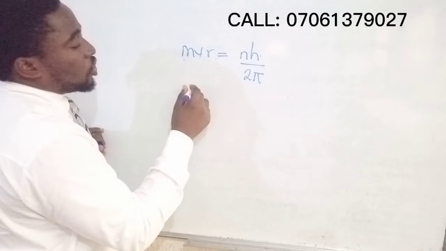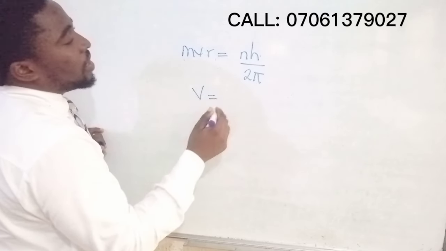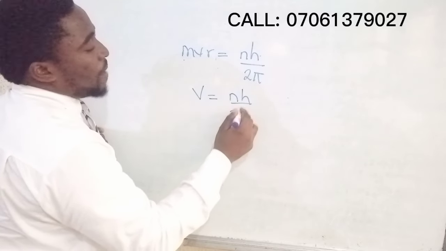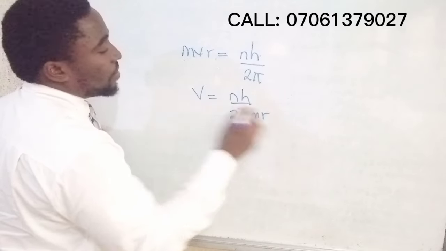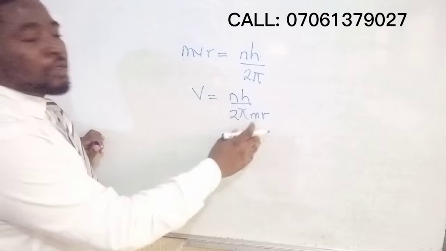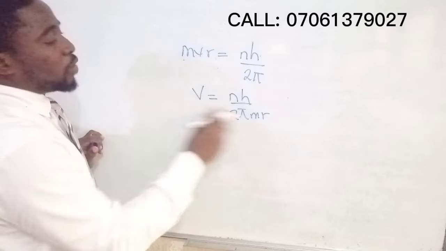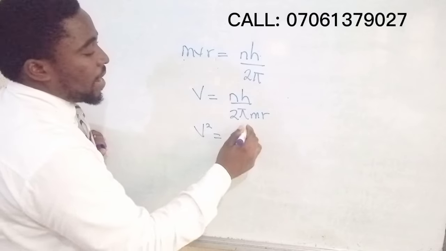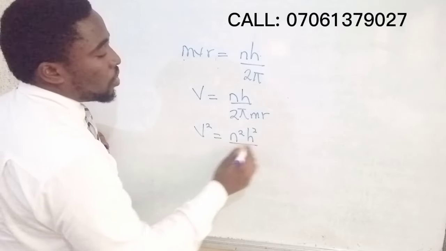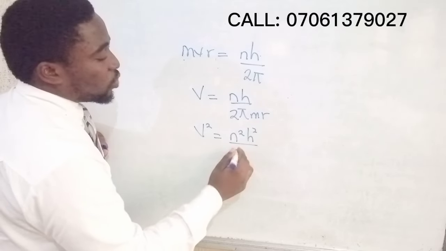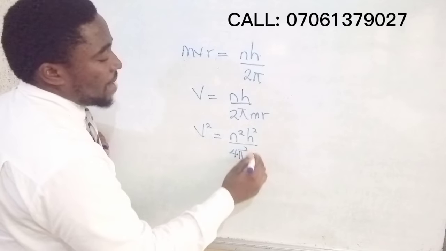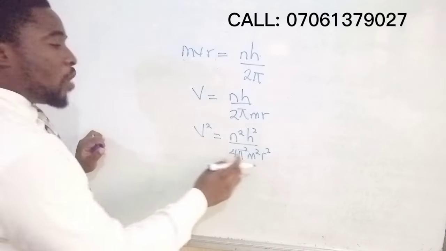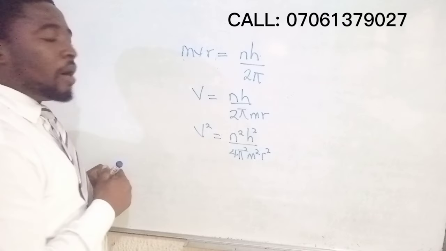So making v the subject of the formula, we have v is equal to nh over 2 pi mr. Now I want us to take the square of both sides. When we square both sides, we have v squared equals n squared h squared over 4 pi squared m squared r squared. Okay, so that is what we are going to produce.